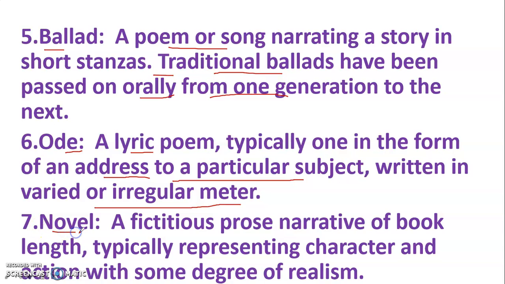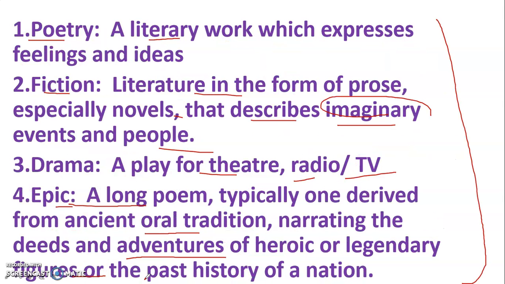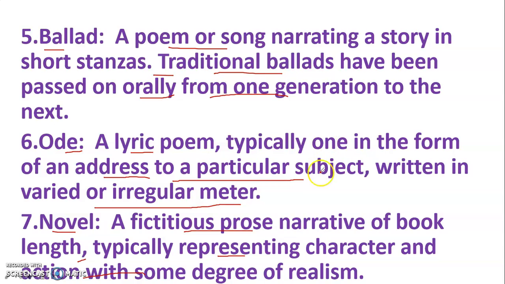The seventh term I'm going to discuss is novel. What is a novel? A fictitious prose narrative of book length, typically representing character and action with some degree of realism, right? There is fiction. In fiction we have imaginary events and people, and in novel we have character and action with some degree of realism.